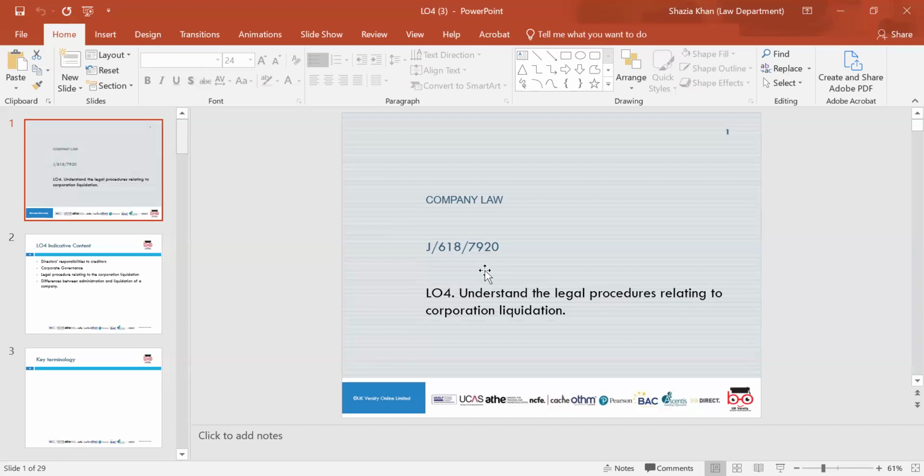Now we're going to go on to learning outcome 4, which is looking at understanding the legal procedures related to corporate liquidation.